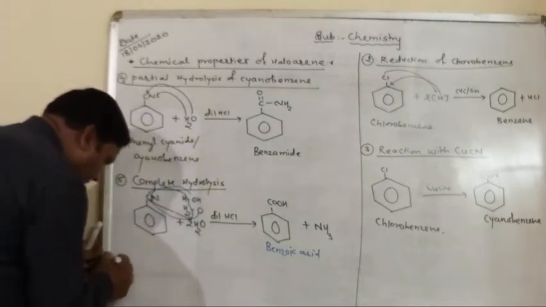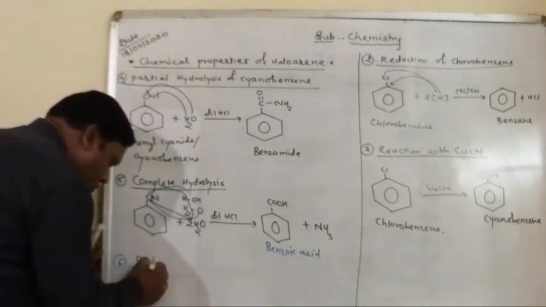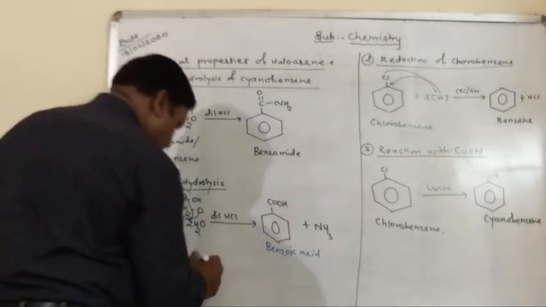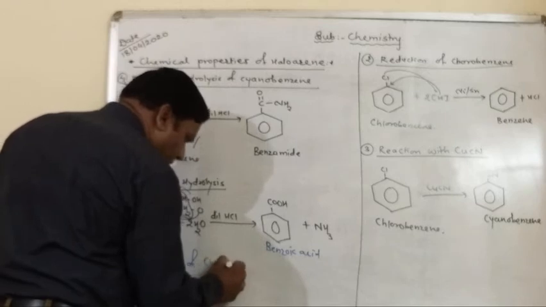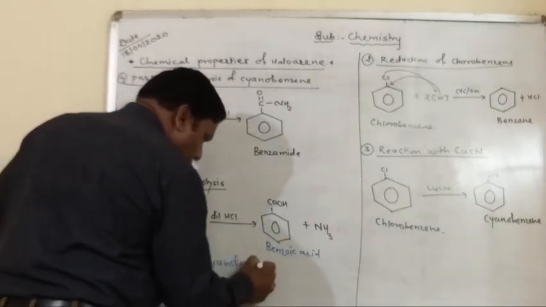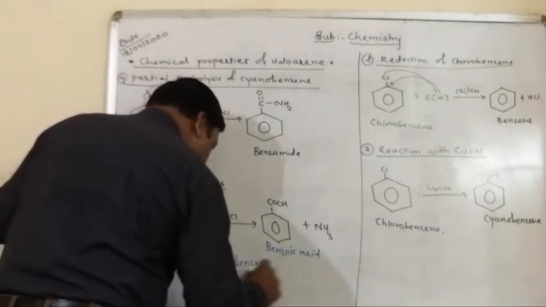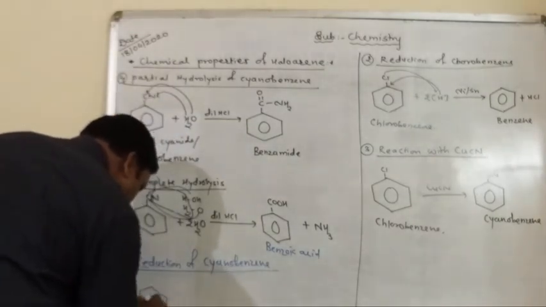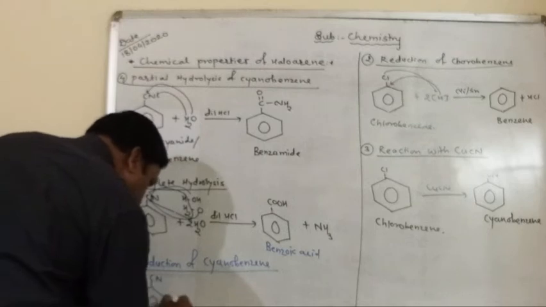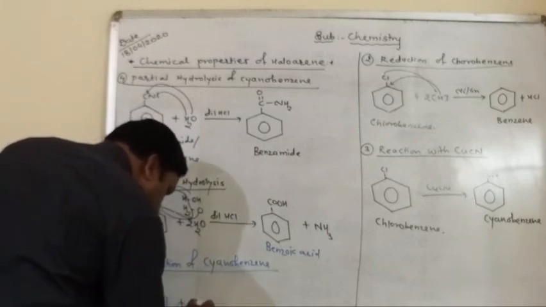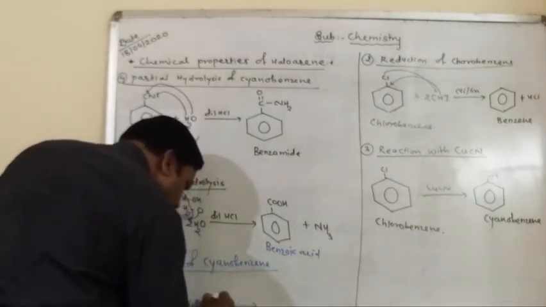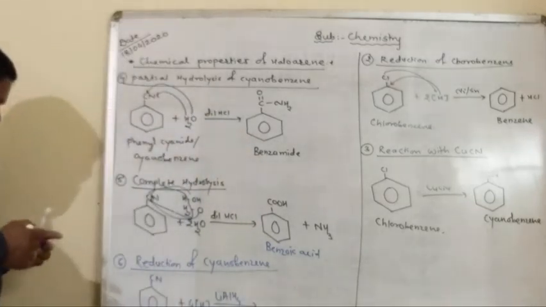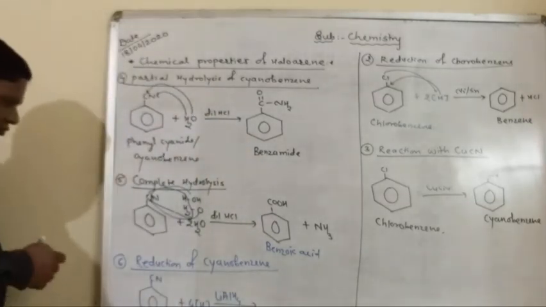Number 6, reduction of cyanobenzene. When this phenyl cyanide undergoes reduction in the presence of lithium aluminum hydride, there are 4 hydrogens.